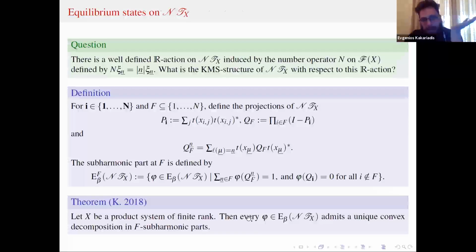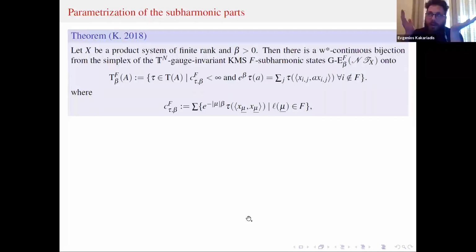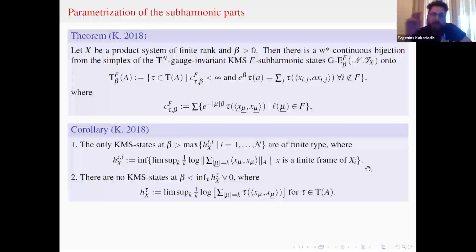And even more, whenever you restrict yourself to the gauge-invariant equilibrium states, you can have a parameterization with a nice subsimplex in the tracial states of A. That allows you to determine two nice temperatures, one above which you have just KMS states of finite rank or classical states, and this comes from a notion of entropy.